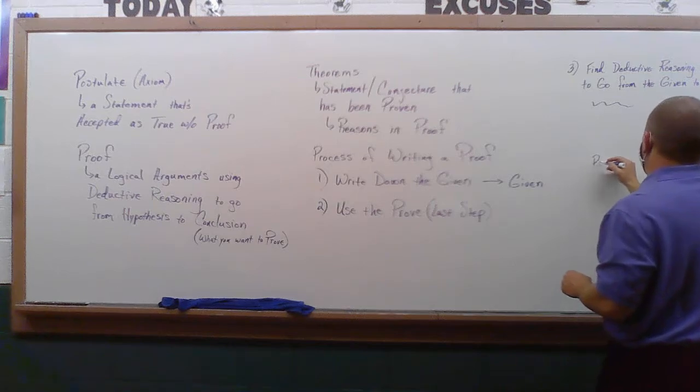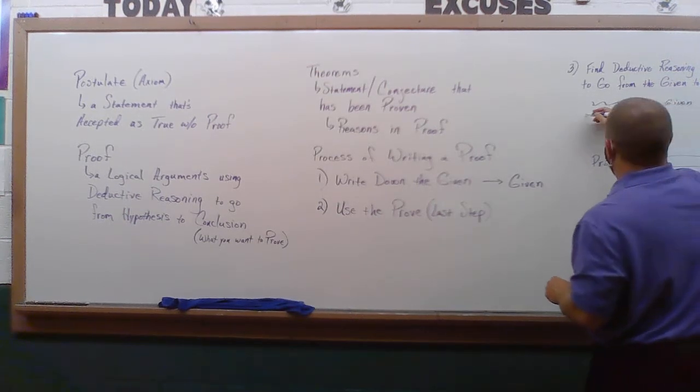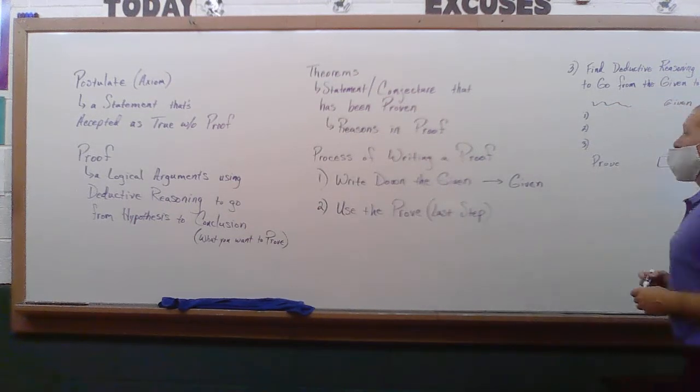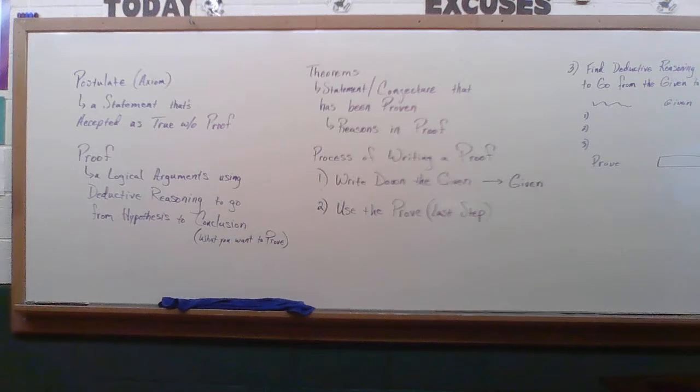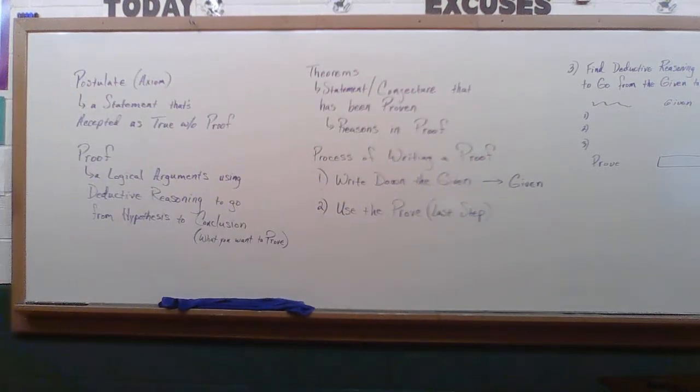This would be my prove statement with a reason why, and then there's going to be steps in between. Okay, so if I tell you that it's a 5-step proof, the first one's always given to you, you would have to find 3 reasons to go from this first step to this bottom step, and then find a reason why for every one of them. So I will tell you how many steps there are every single time. And to me, that makes it a lot easier.